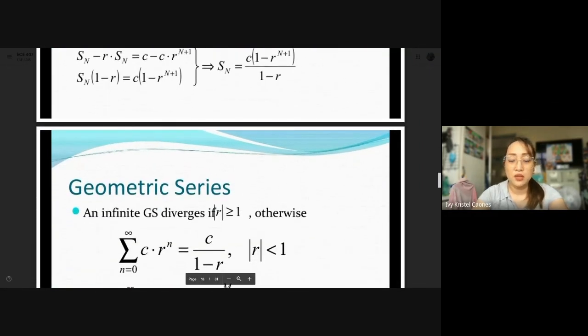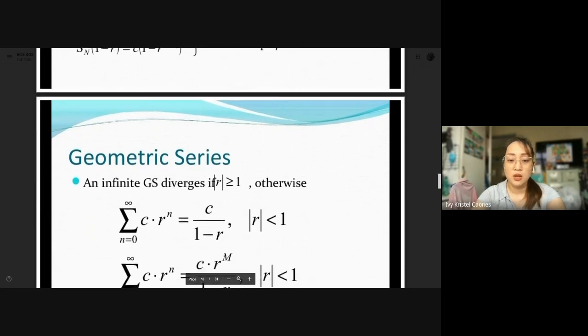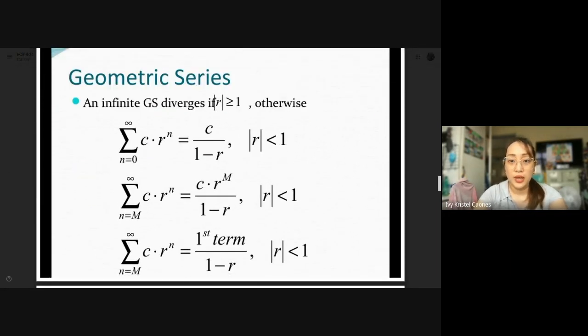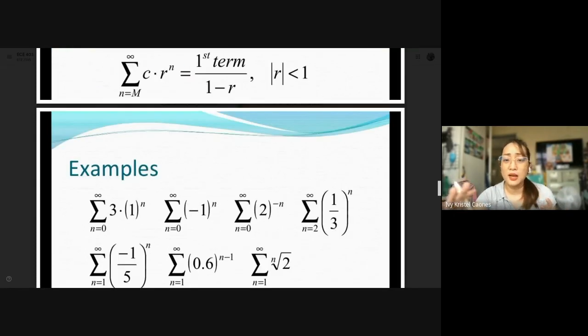So in a geometric series, if your r is greater than or equal to 1, then your series is a divergent series. Otherwise, if the absolute value of your r is less than 1, then that will be a convergent series. So yan, hahanapin nyo lang yung value ng r.